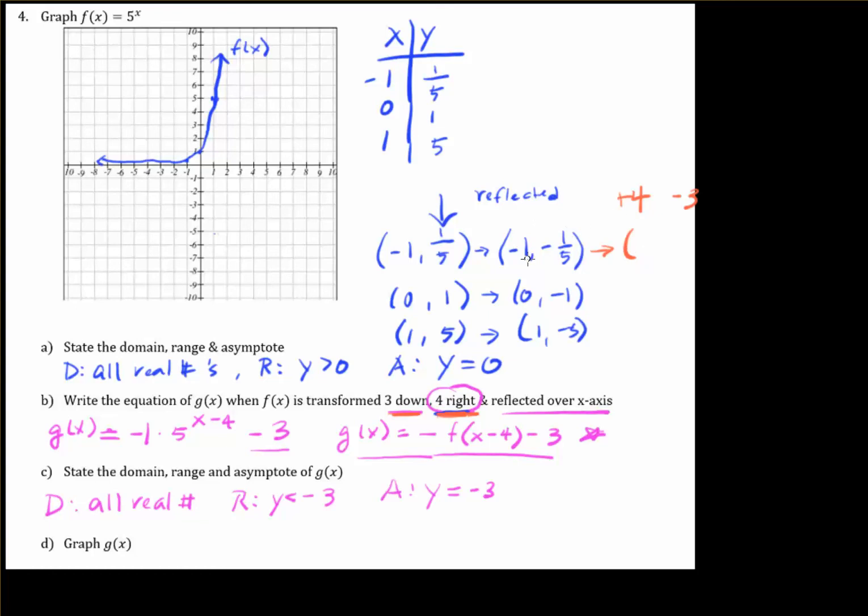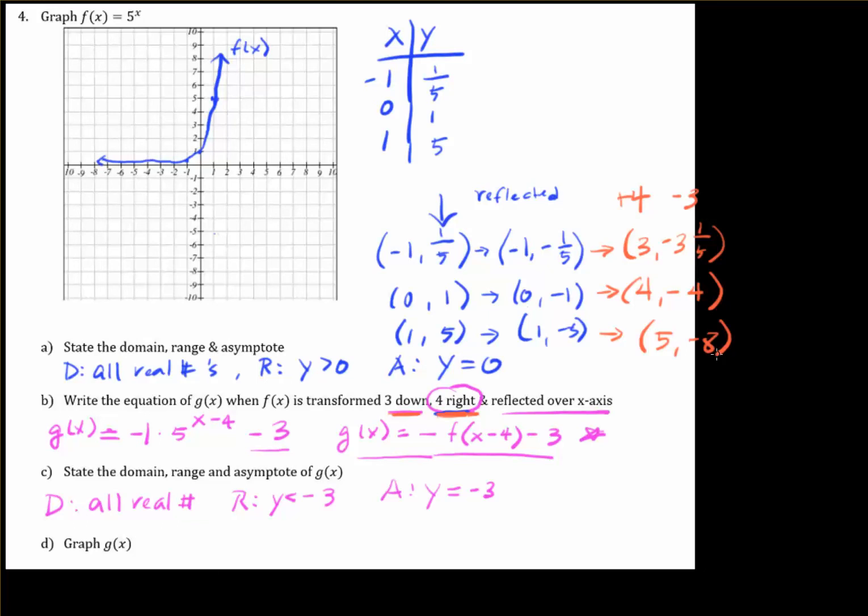So 4 minus 1 is 3, and then -3 and -1/5 or 0.2 is -3 and 1/5. And then 4 plus 0 is 4, -3 and -1 is -4. 4 plus 1 is 5, -3 and -5 is -8. So here are my new transformed points.